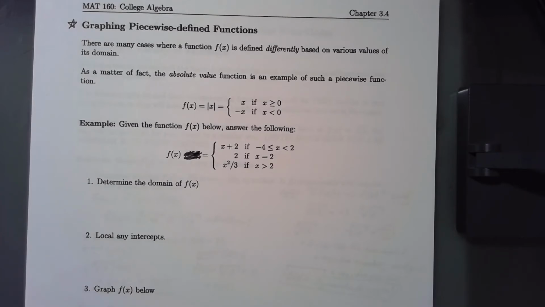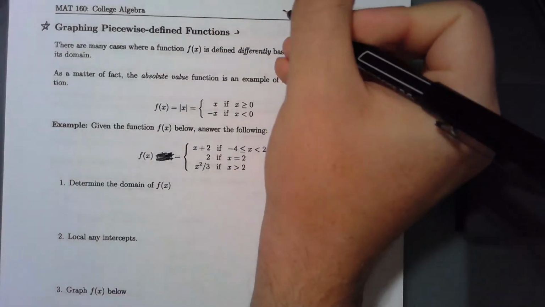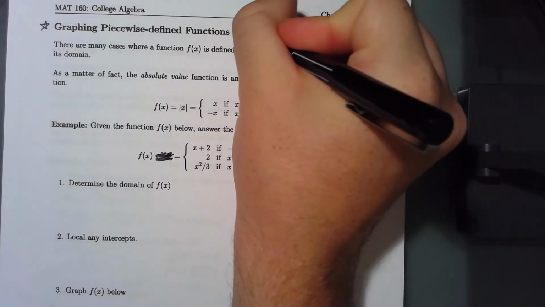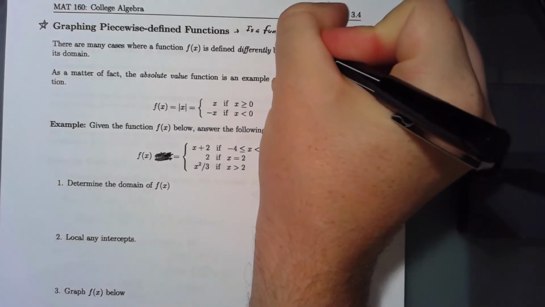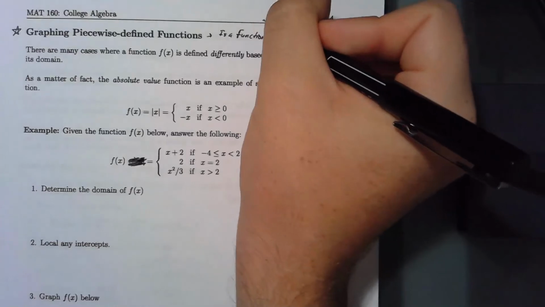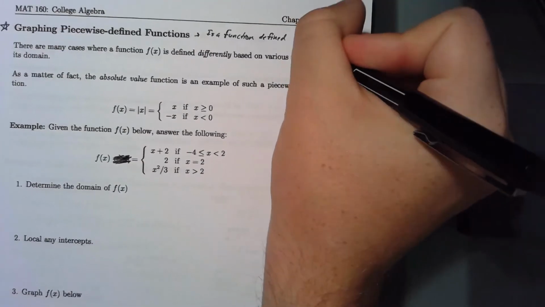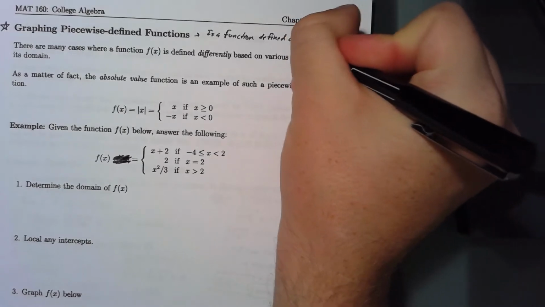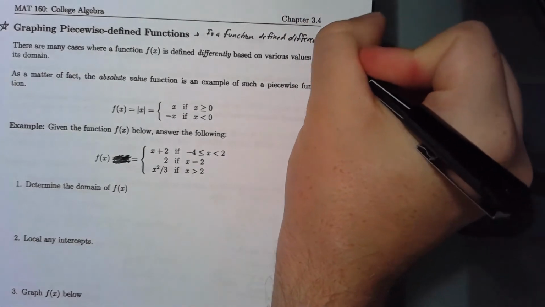So what is a piecewise function? Basically, a piecewise function is a function defined differently by the values of its domain.